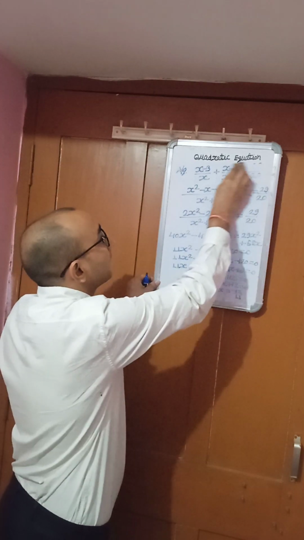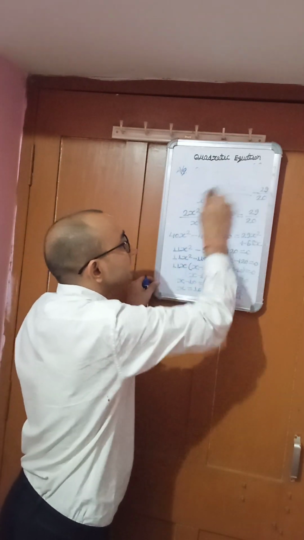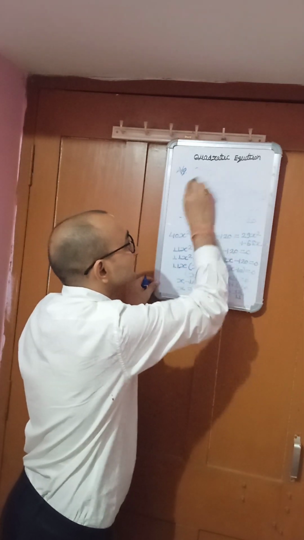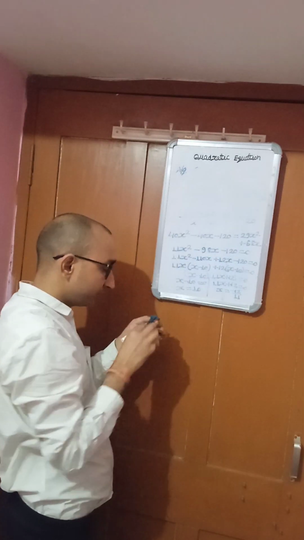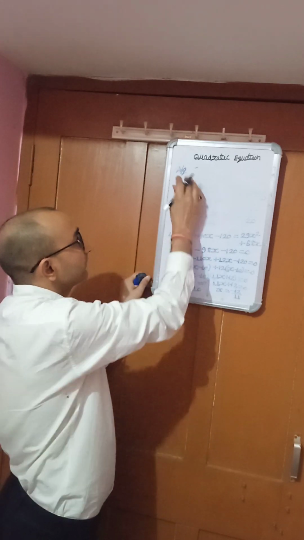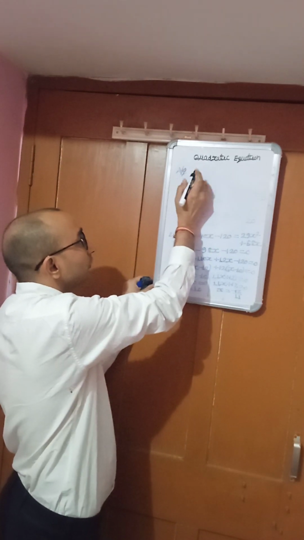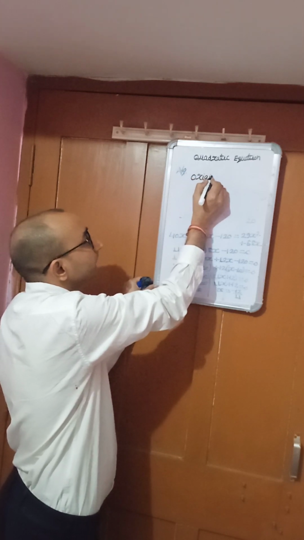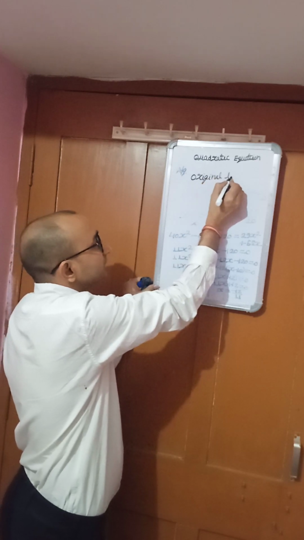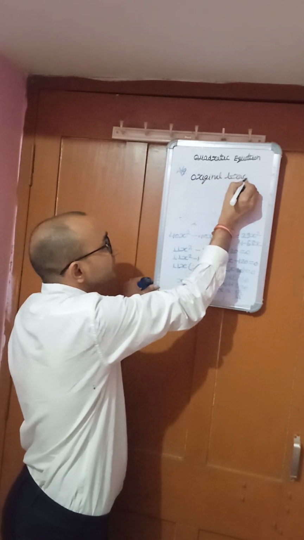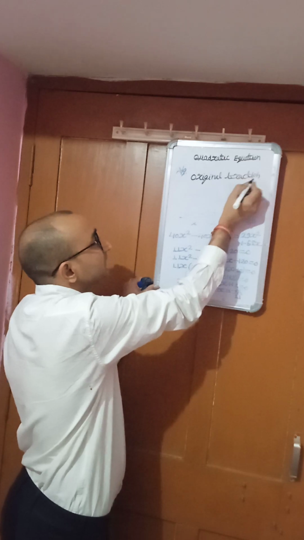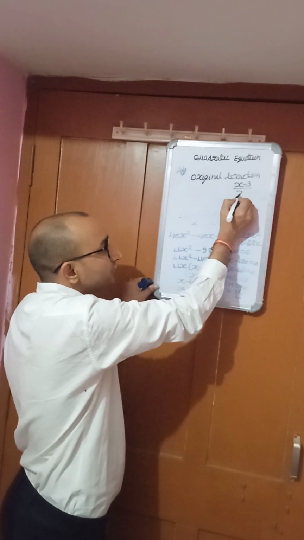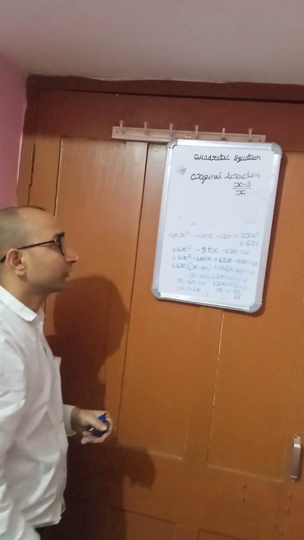Okay, and we have to find the value of the original fraction. The original fraction is x minus 3 as numerator and x as denominator.